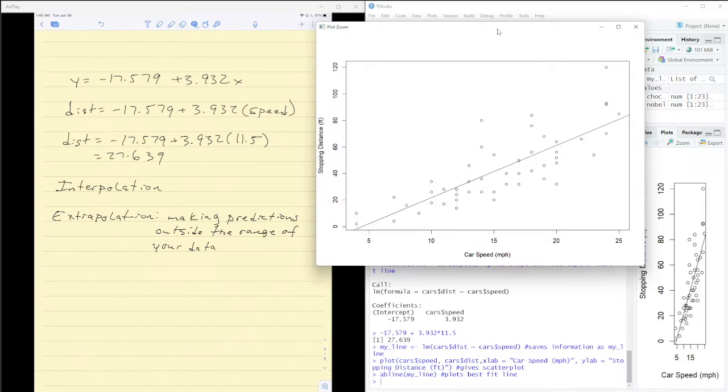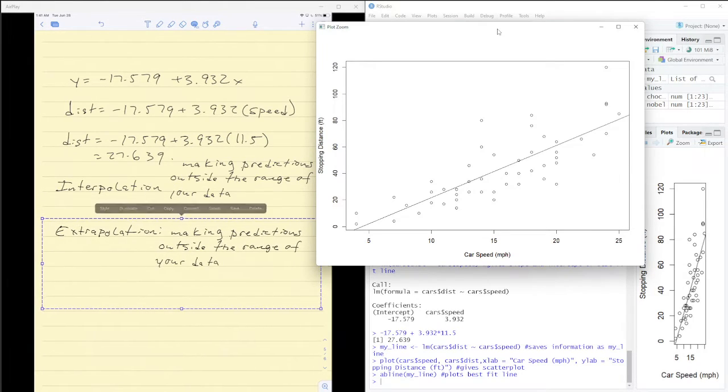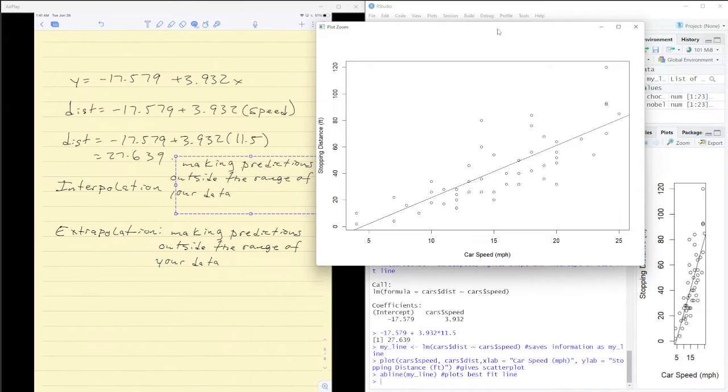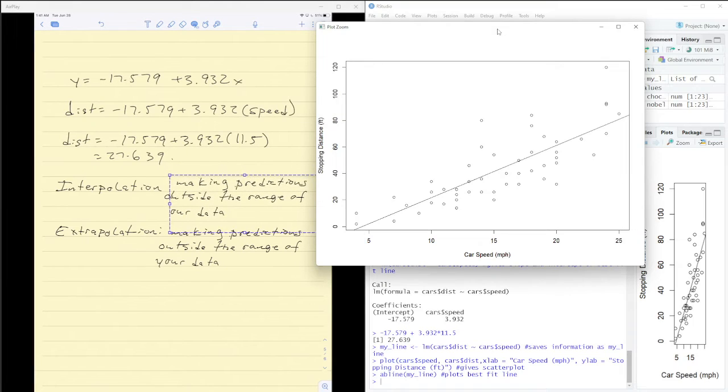Interpolation is the complete opposite. Inside.